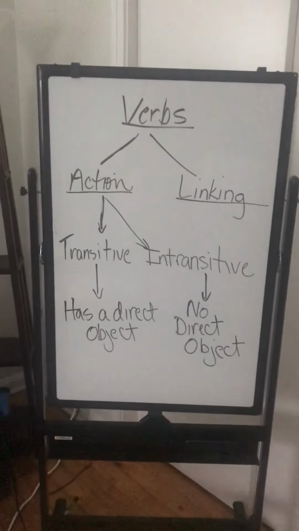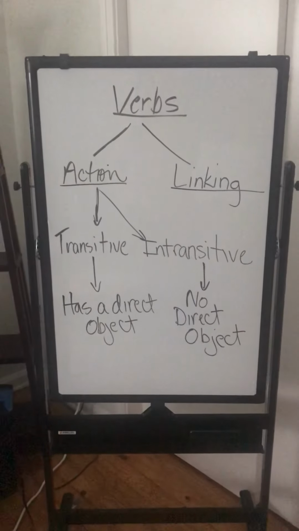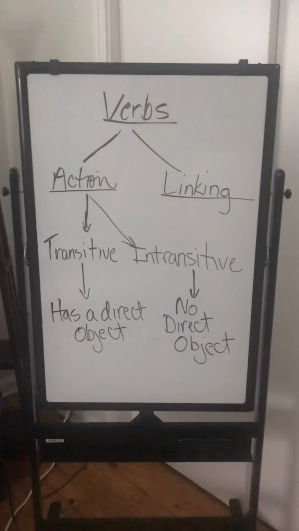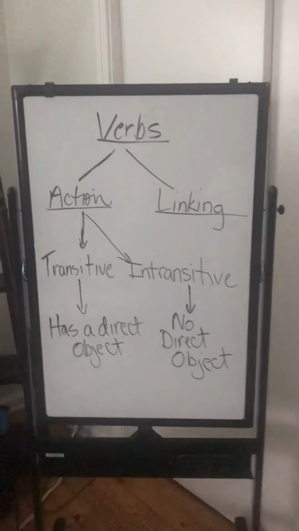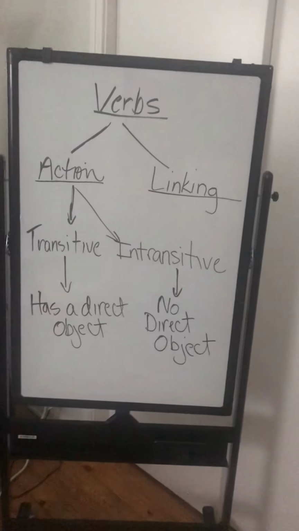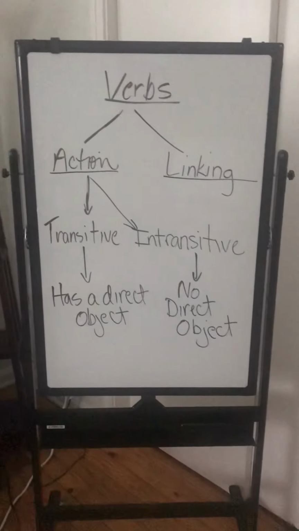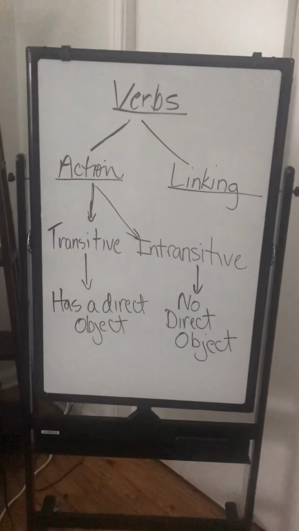Okay? The only verbs that can be transitive, which are verbs we're talking about today, are verbs that are action verbs. Action verbs can be divided into two categories. They can be transitive or they can be intransitive. Today, your lesson is about transitive verbs.